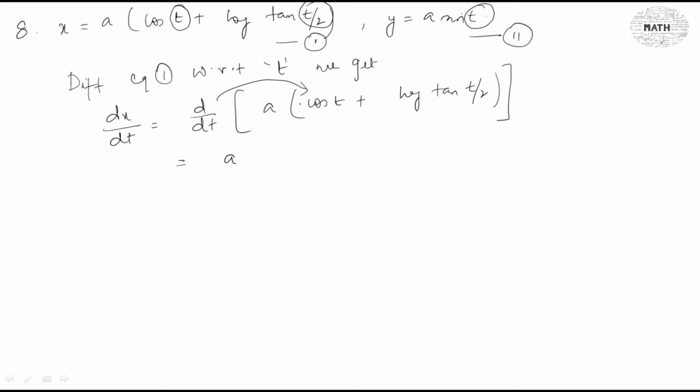So d by dt of cos t is how much? It will be minus sine t, right? Plus, similarly this with this, so first one is log, so d by dt of log 10 t is how much? Consider this whole thing to be your t, so d by dt of log t is how much? 1 by t, but that's not t. I have to differentiate again.